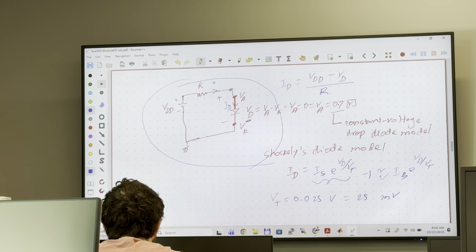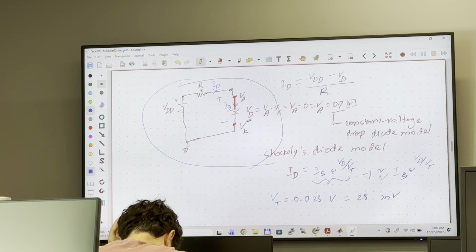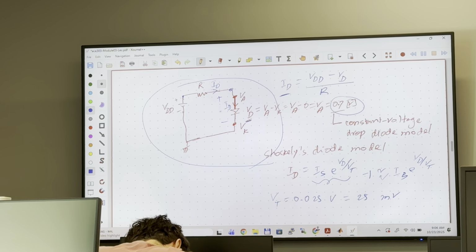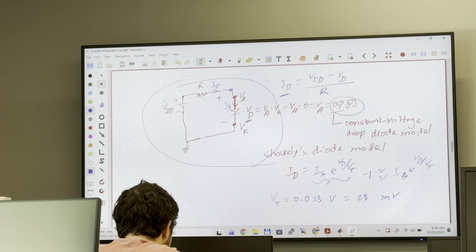ID is flowing through R as well. Okay, so we found ID, we found VD, which means that we are able to solve this circuit using this DC voltage source.